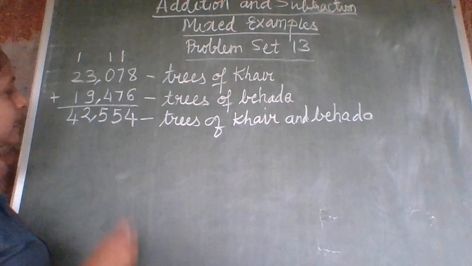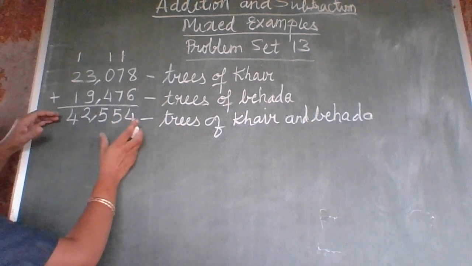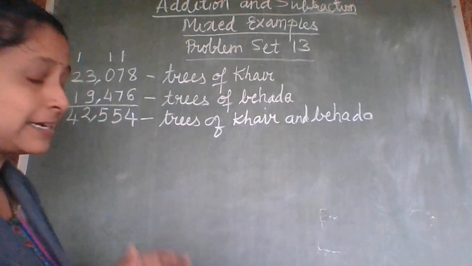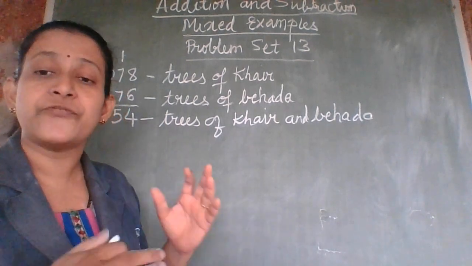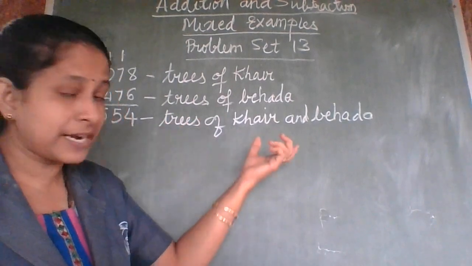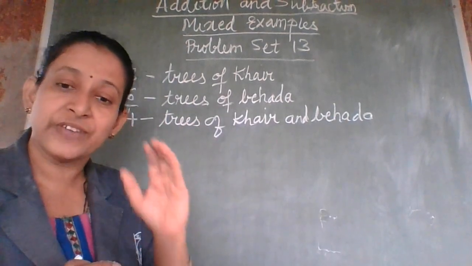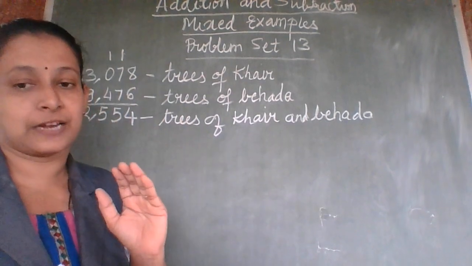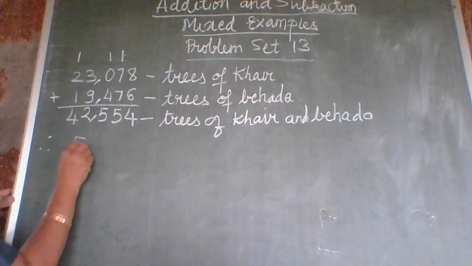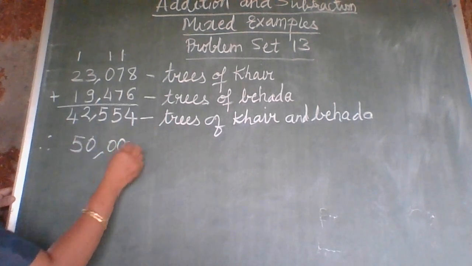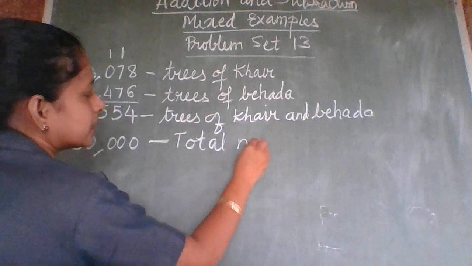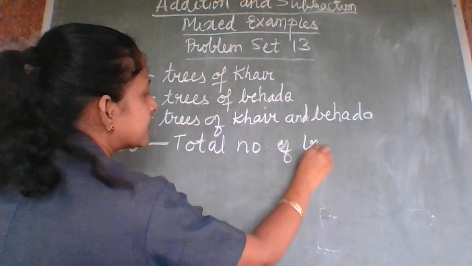Okay, fine. Now whatever number we have got, that is trees of khair and behda, we have to subtract it from 50,000, because the forest department had planted 50,000 trees. So these were khair and behda, and the remaining ones we can find by subtracting from 50,000. So the next step would be 50,000, these were the total number of trees.